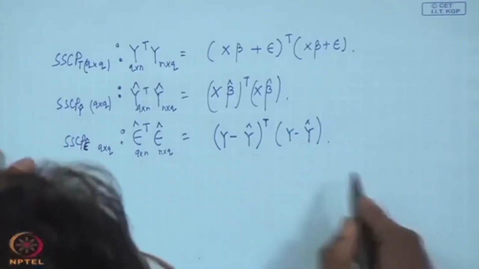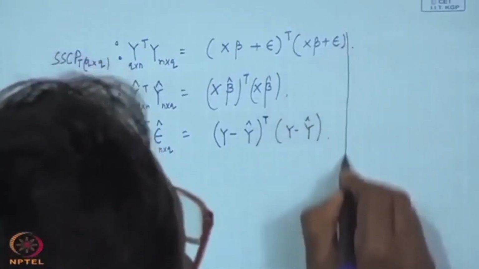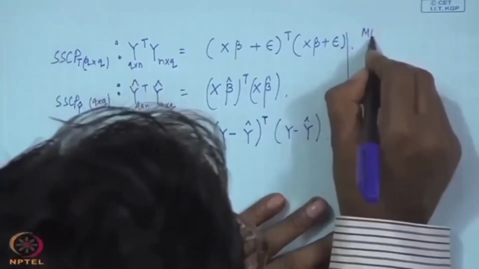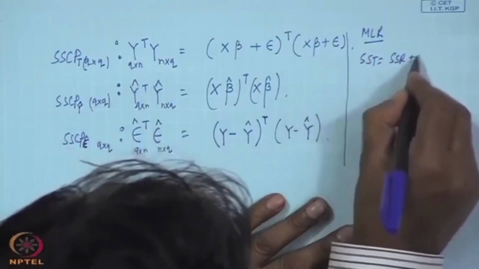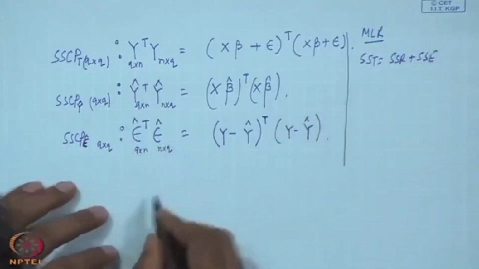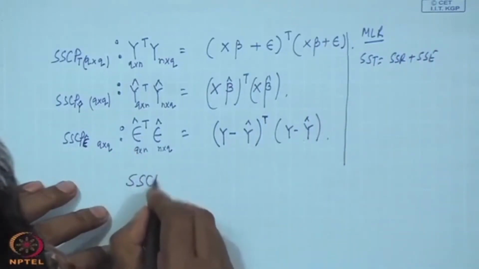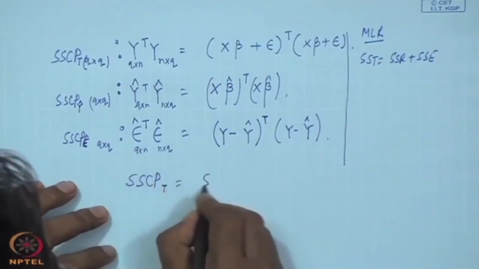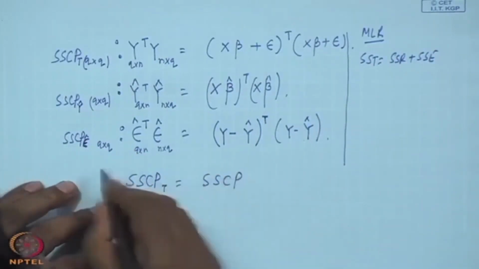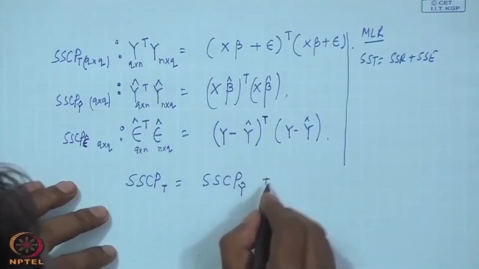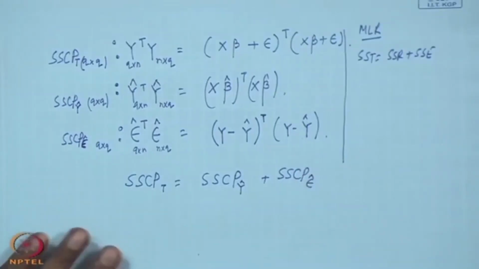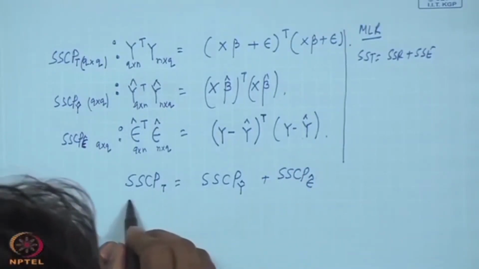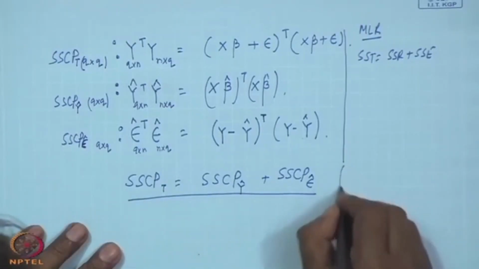So, you will find out in MLR what we have found out: SST equal to SSR plus SSE. Similarly, here we can write SSCP total equal to SSCP y cap plus SSCP epsilon cap. Can you find any relationship with this with MANOVA?